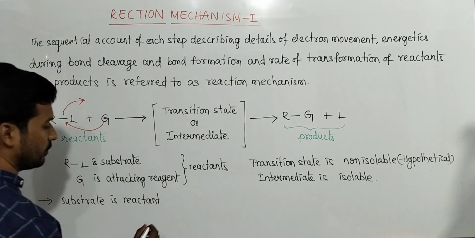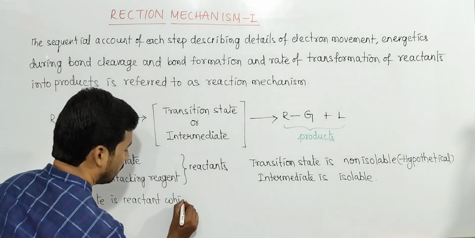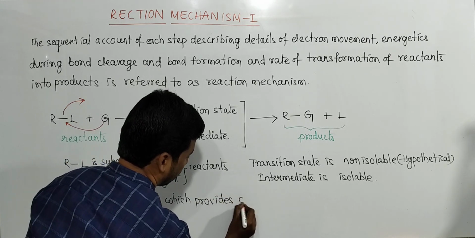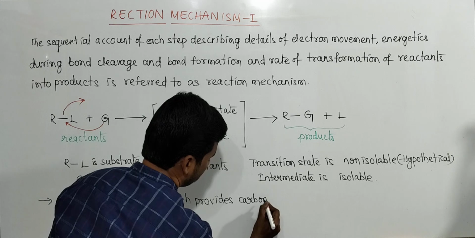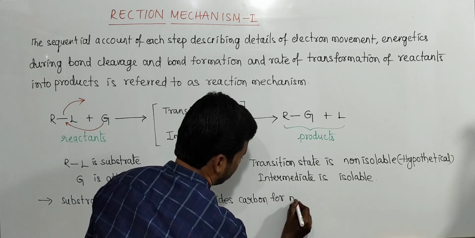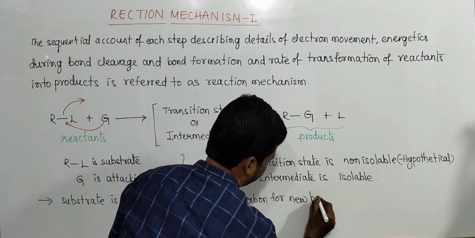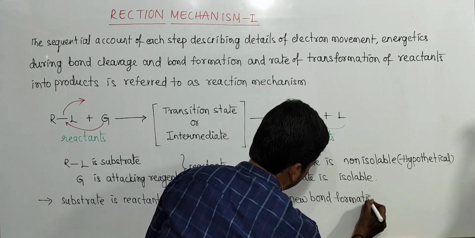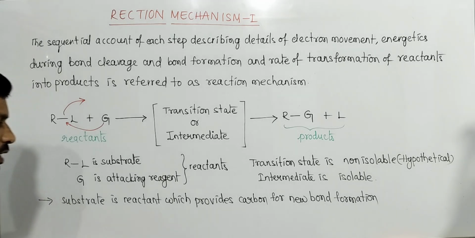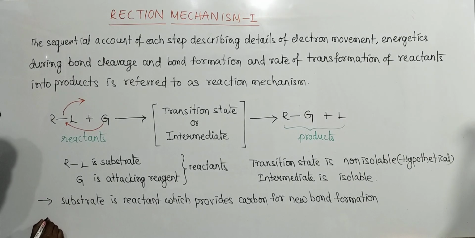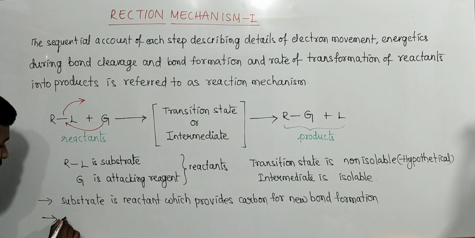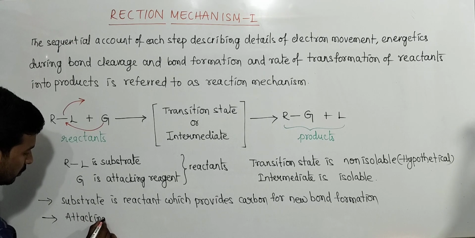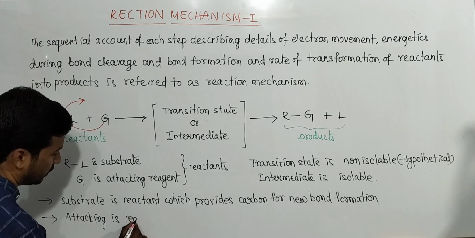Substrate is the reactant which provides carbon for new bond formation. For formation of a new bond, the substrate provides a carbon atom. What is an attacking reagent? Attacking reagent, or simply reagent, is also a reactant.